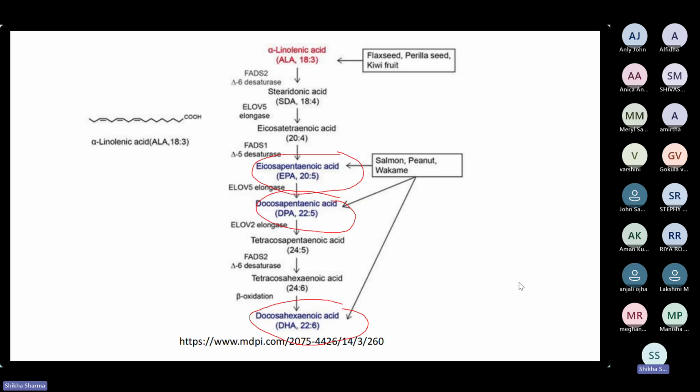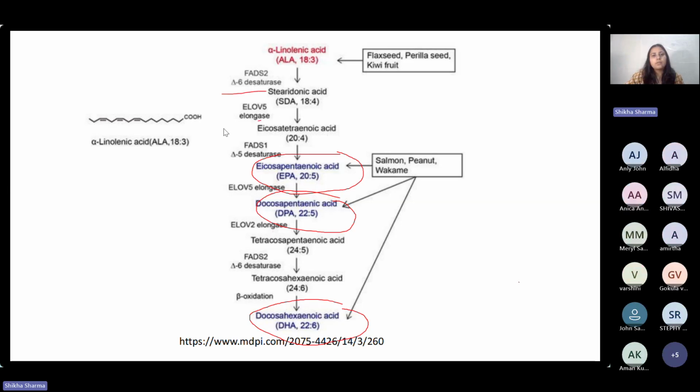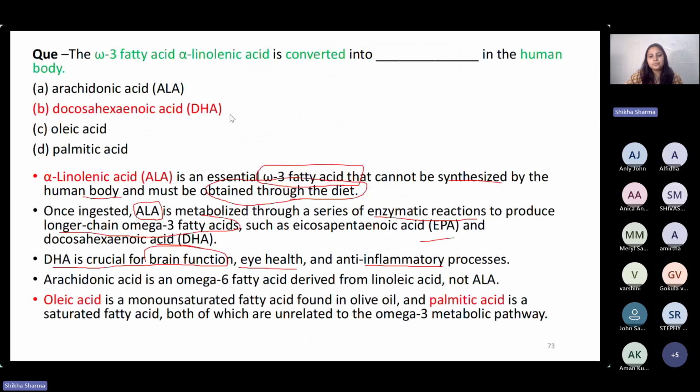When we consume alpha linolenic acid, it goes through metabolic reactions, and we can see here different enzymes which convert it into DHA as the final compound. This DHA is very important for our brain function, eye health, and anti-inflammatory processes.